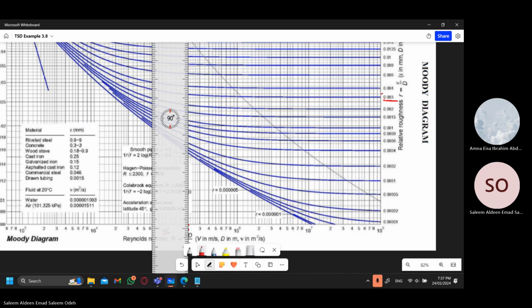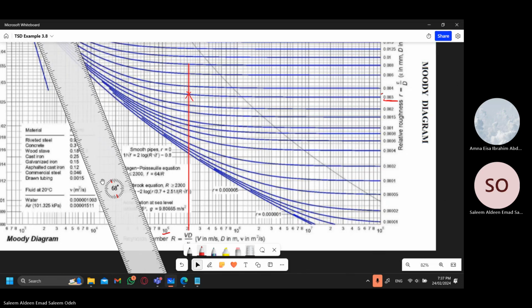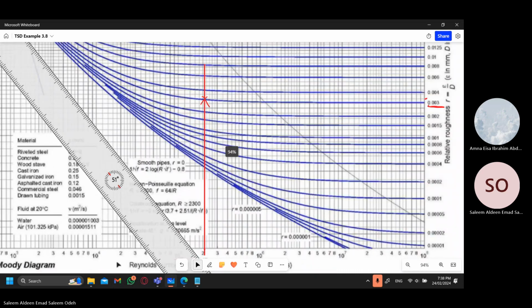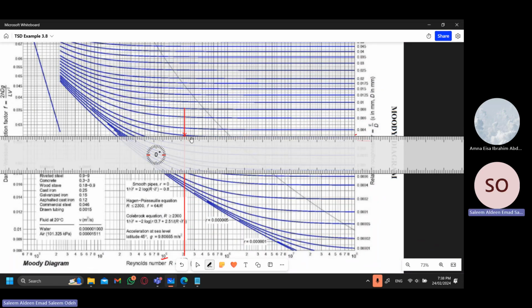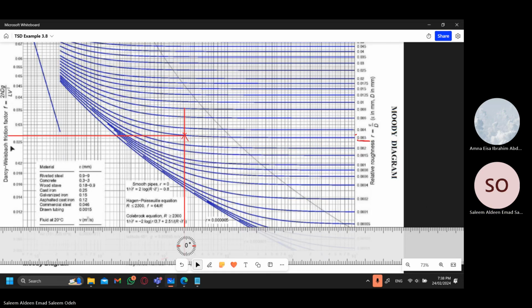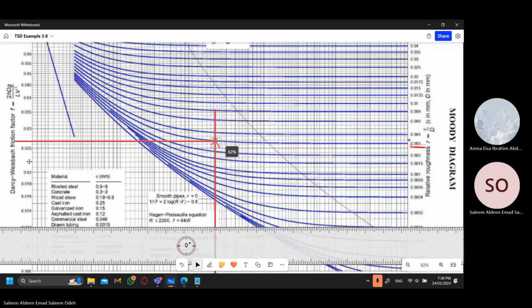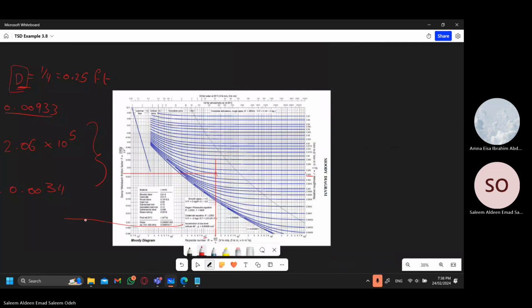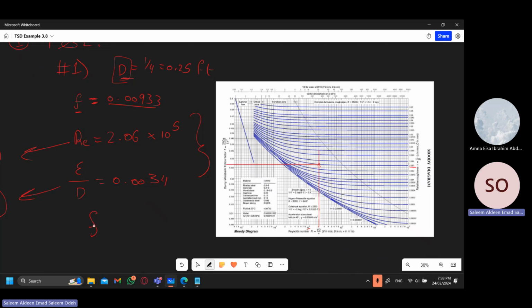We will draw a line straight up to the point of intersection, which is right here, and we will draw a line all the way left. Our value ends up being 0.027, let's say. So the new friction factor that we got from the table is 0.027. This friction factor does not equal the previous friction factor, so we will have to try again.